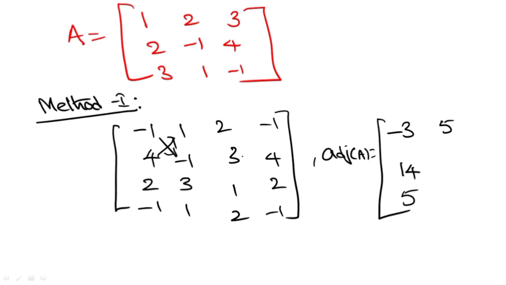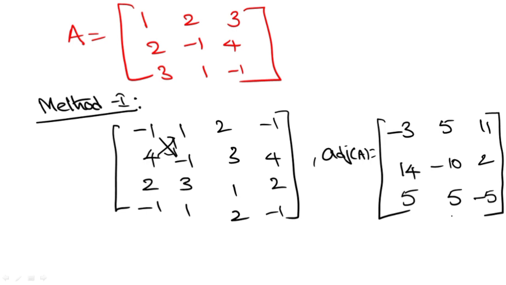Minus 1 minus 9, minus 10. 6 minus 1, 5. 8 plus 3, 11. 6 minus 4, 2. Minus 1 minus 4, minus 5. So this is my adjoint.